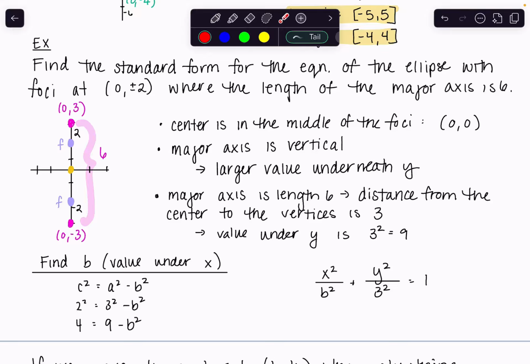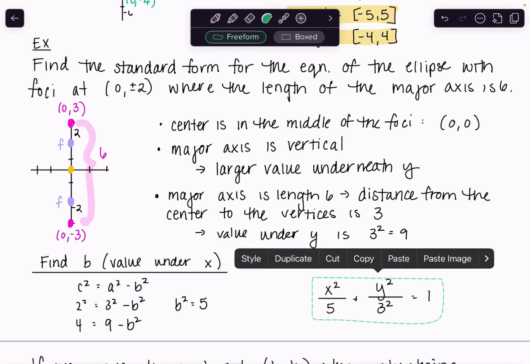And so if I just rearrange this, you can go ahead and subtract 9 and then divide by -1, or just flip things around. But we get that b squared is going to equal 5. So what goes underneath x is just going to be 5, okay? So this is the equation of our ellipse.